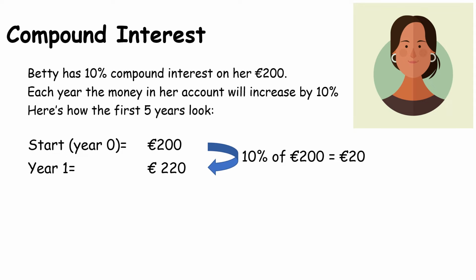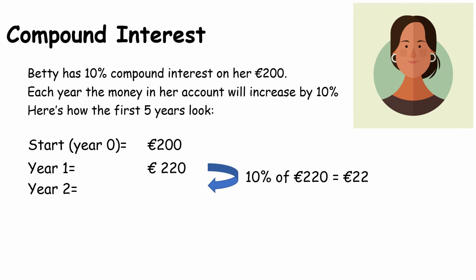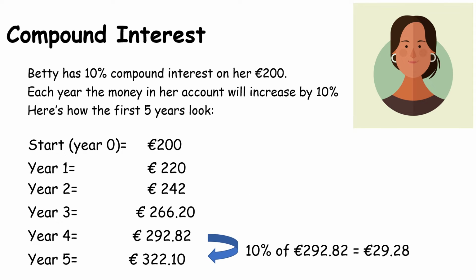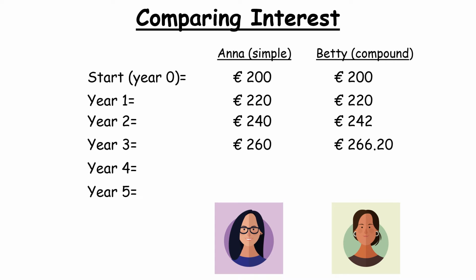She actually gets 10% of 220, which means she gets 22 euro. So she ends up with 242 euro in year 2, and so on. And look what happens by the year 5. So she has 322 euro and 10 cents. Now, think about that compared to poor Anna, who was getting interest.